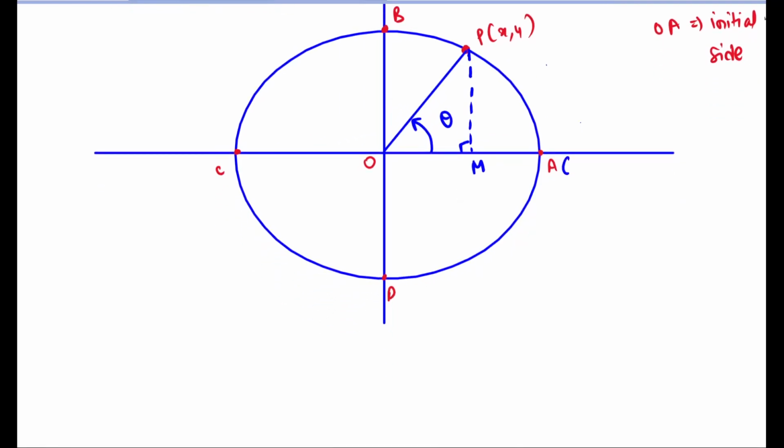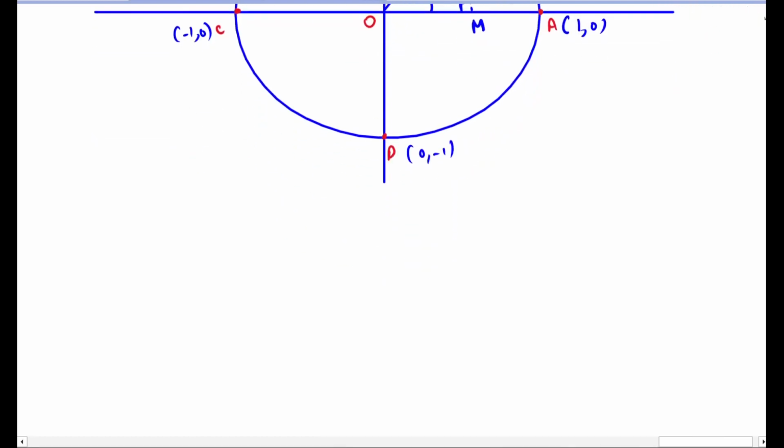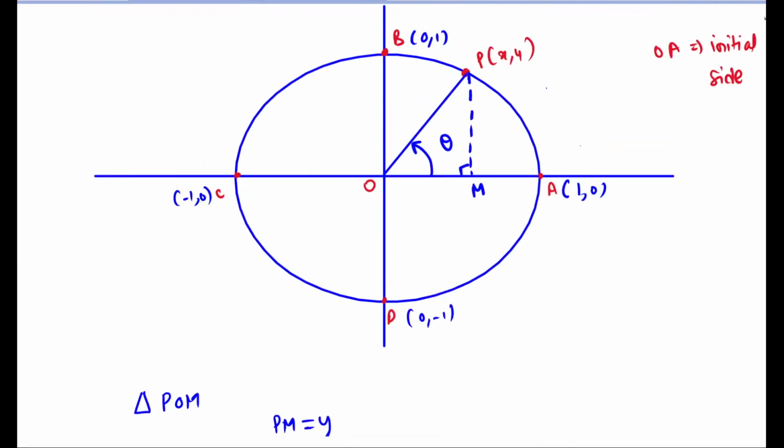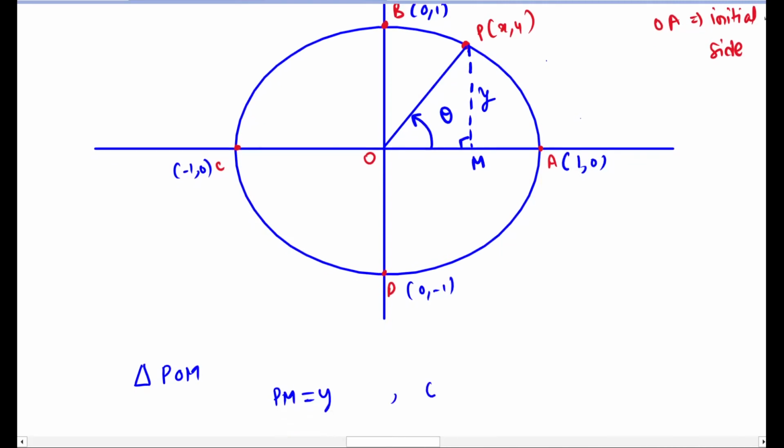And we know the coordinates of A, B, C, and D: 1, 0; 0, 1; minus 1, 0; and 0, minus 1. So from triangle POM, PM is equal to y, OM is equal to x, and PO is 1 unit.